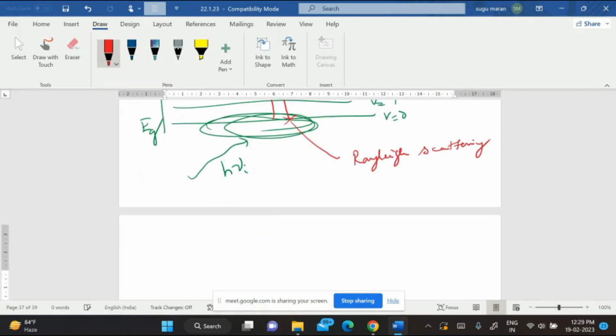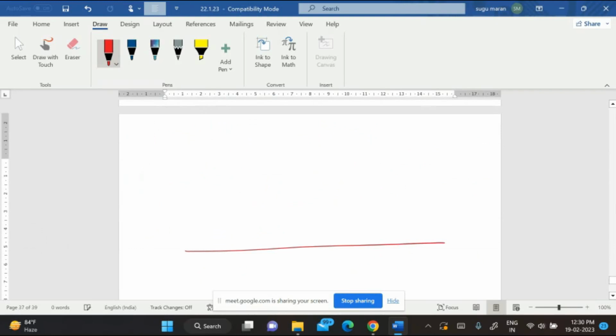So if I draw the diagram in energy order, most of the molecules are at V equals 0. This is my Rayleigh scattering.